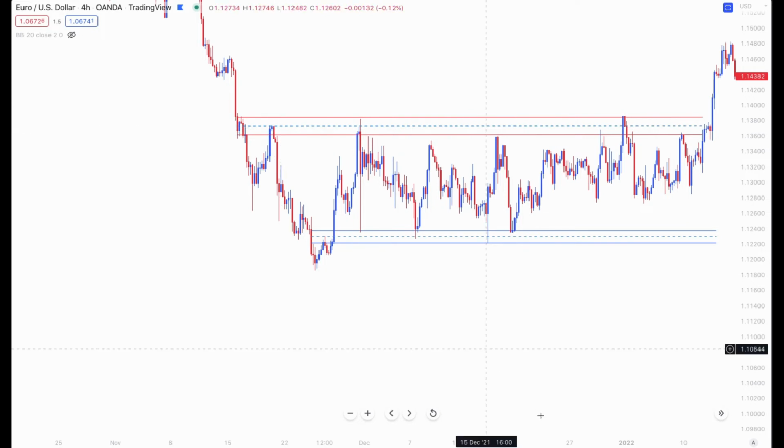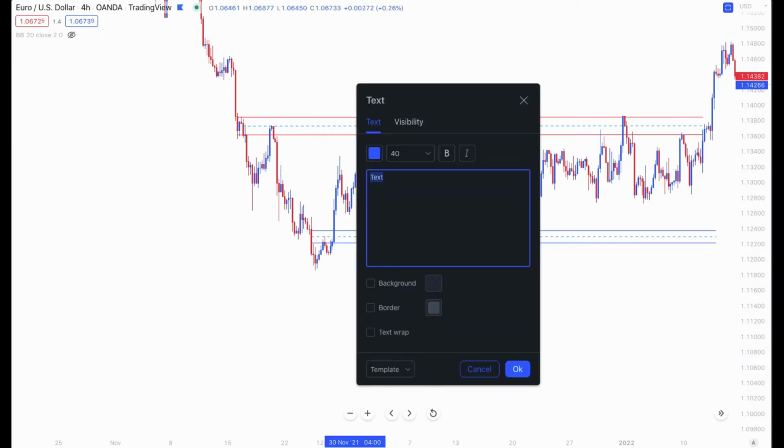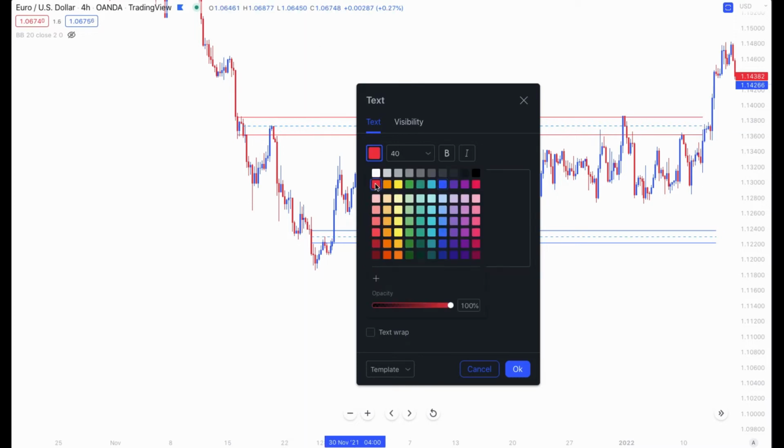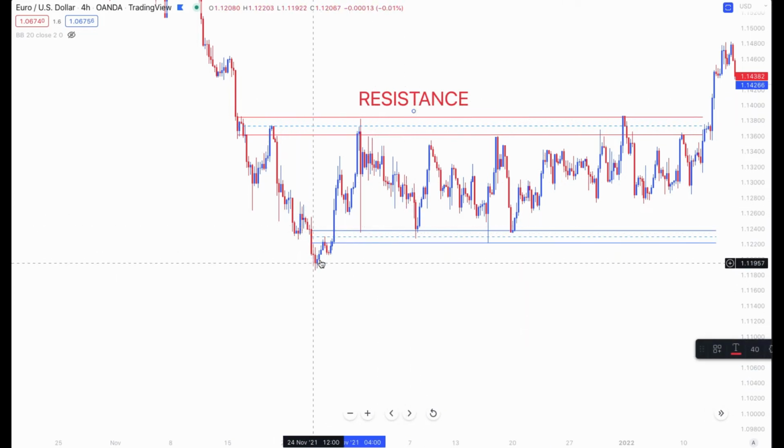Now this has officially become a zone of resistance. Let's put that word in there, resistance. All of a sudden I cannot spell resistance. Okay, and we're going to change this color to red as well. There we go, resistance.